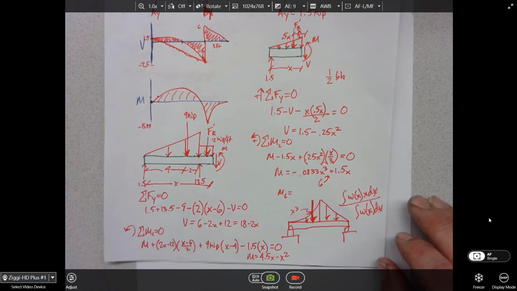Plus my 9 kip times the distance to this. What would the distance from the cut be for my 9 kip? Vlad's got it. X minus 4, minus 1.5 times x equals 0.